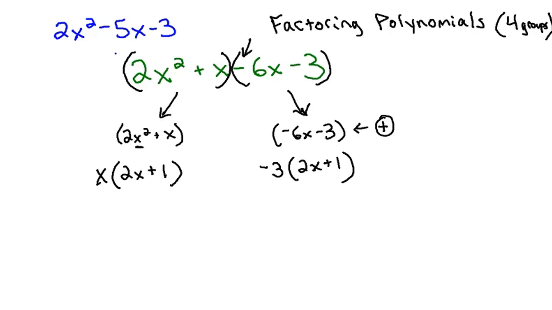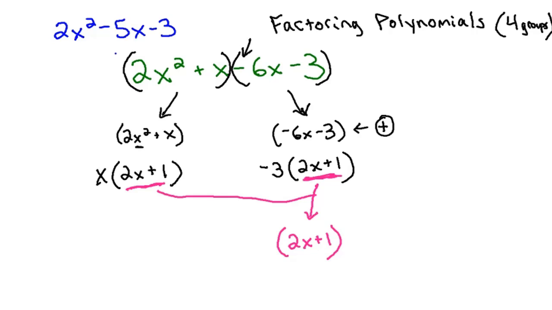Now, if you notice, when we did that, it made these two parentheses the exact same thing. 2x plus 1, 2x plus 1. So we're going to factor these out by turning them into just one set of parentheses where it says 2x plus 1.